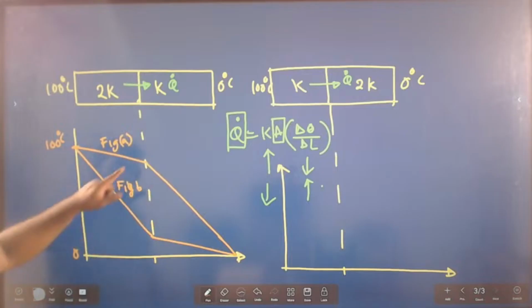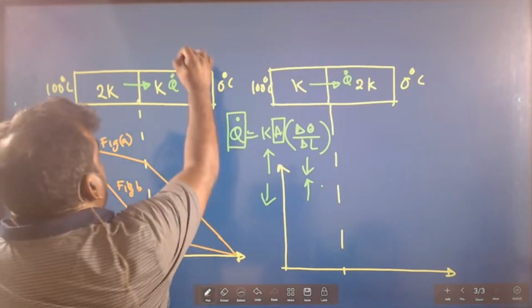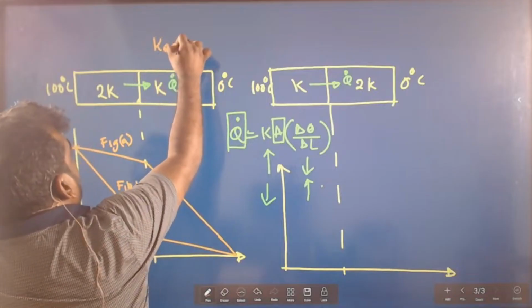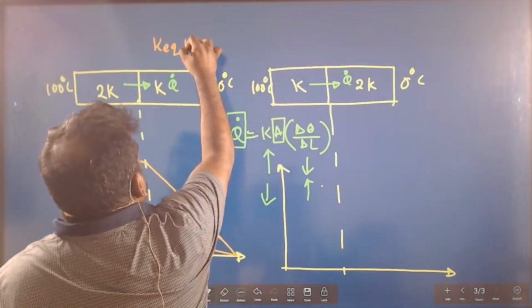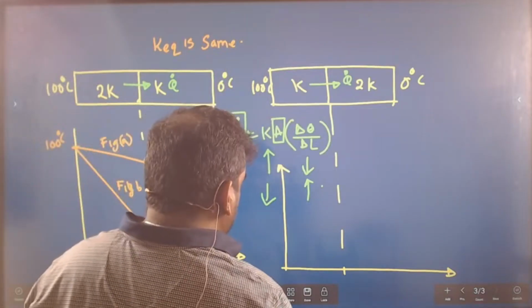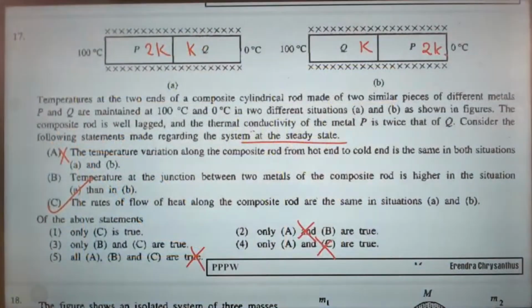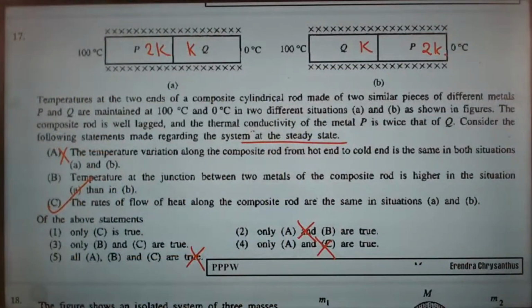What can you say? Intermediate temperatures are different, but the effective K equivalent is the same, right? Because every dimension is identical. So right now if you fold this, is the temperature at the junction between two metals of the composite rod higher in situation A?